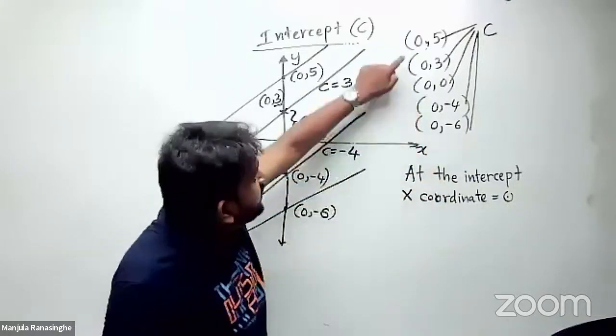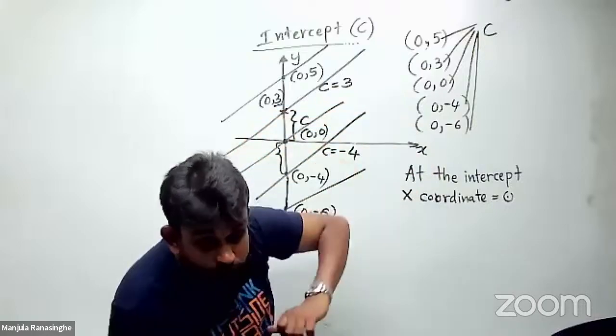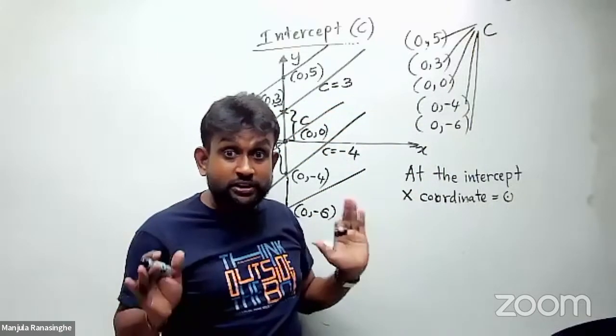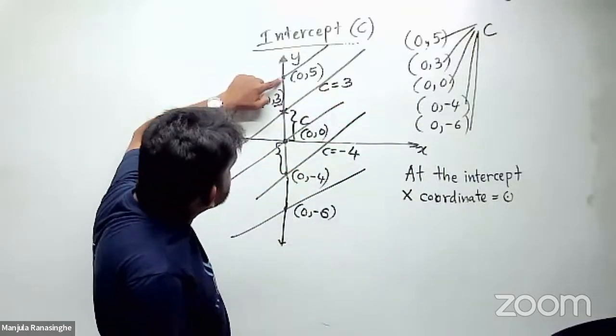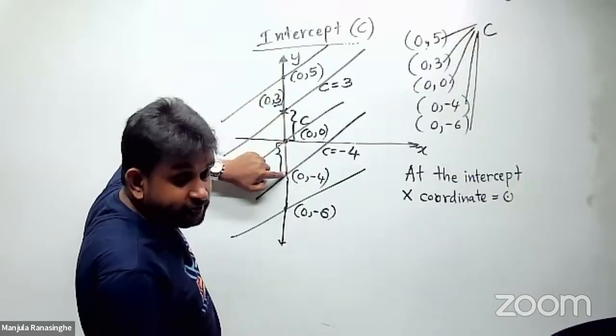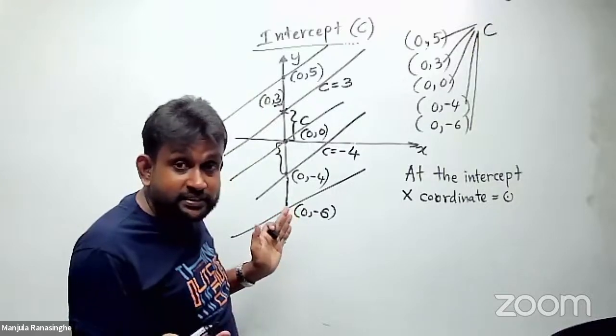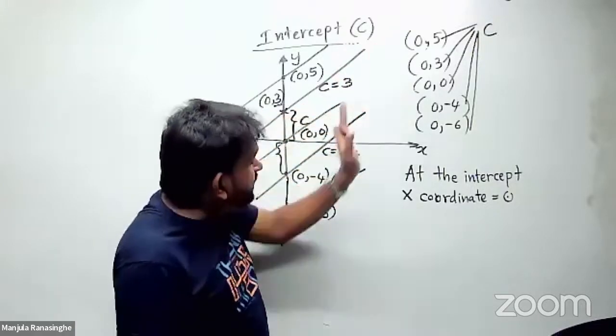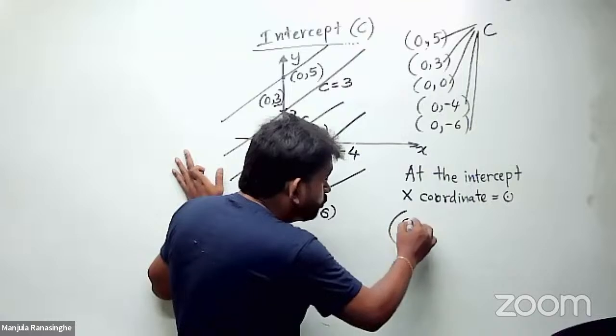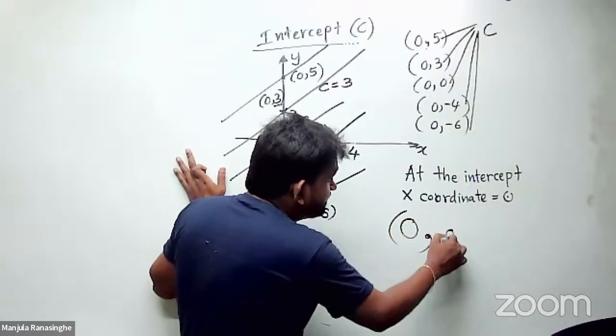The x coordinate is 0. So how to identify it in the exam when the graph is drawn? You can identify by this cutting point, the y value. But when the coordinates are given, how to identify the intercept coordinate? The intercept coordinate shall be in the form 0, something.